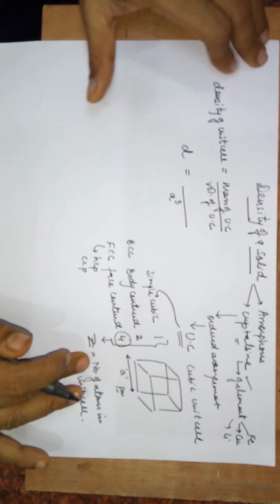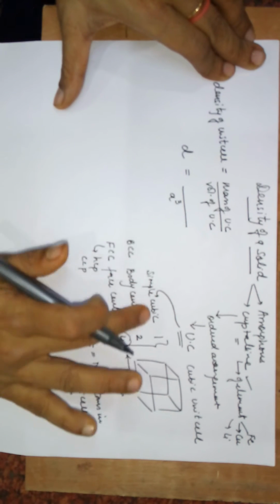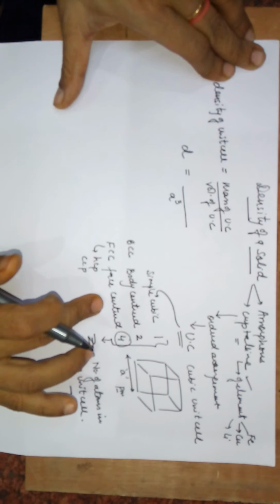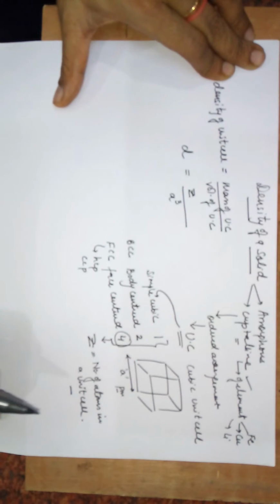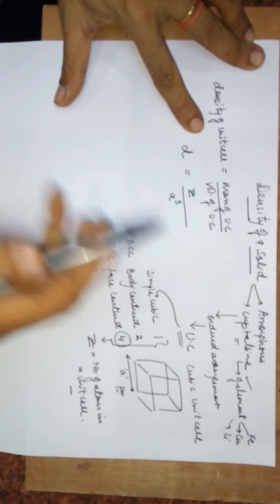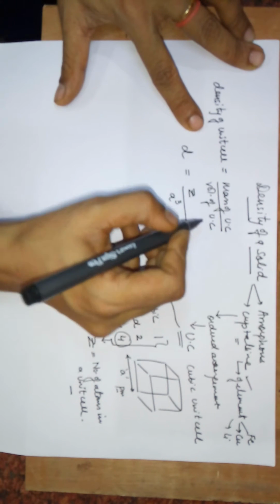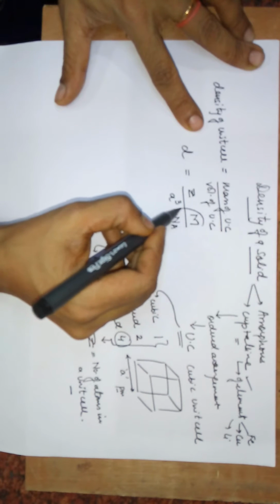For the mass of the unit cell, you need to know how many atoms are there. The number of atoms is decided by the type of crystal that we are talking of. So this is the number of atoms, Z, multiplied by the mass of each atom. To get the mass of each atom, you require the atomic mass divided by the Avogadro number.